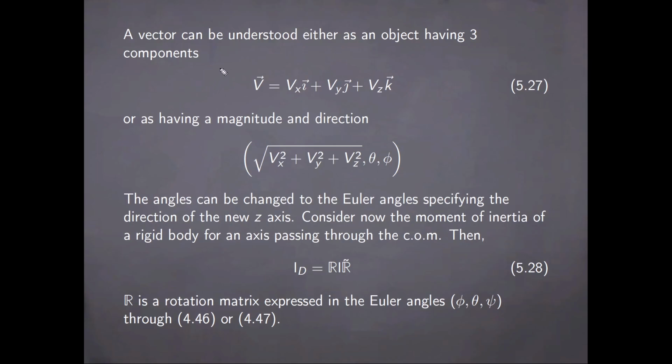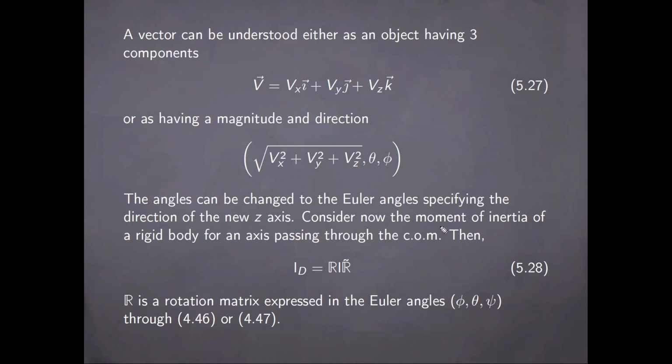Now, a vector can be understood either as an object having three components, so for example, you can write it in this way, or as having a magnitude and direction, as given here. And the two angles involved in this expression can be changed to the Euler angles specifying the direction of the new z-axis.